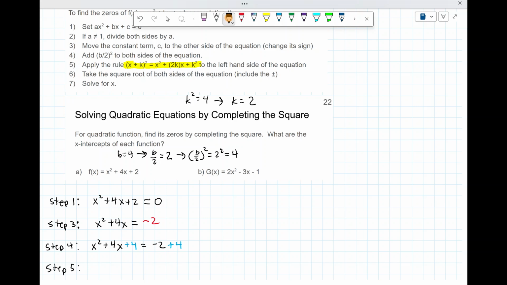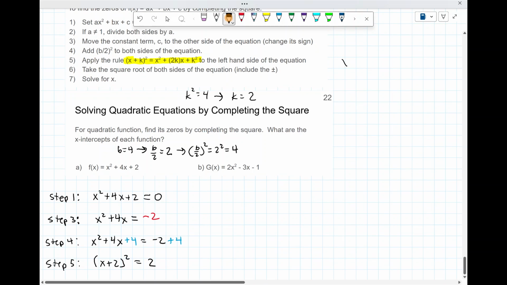The way we know it's positive is because our x term is positive, so we're going to use the positive version of k in this case. And so we know that x plus 2 squared will be equal to, and negative 2 plus 4, by the way, is just 2.